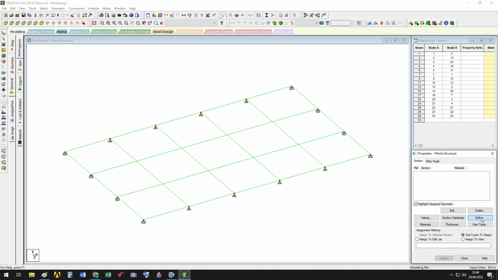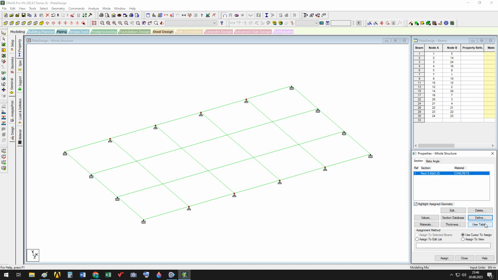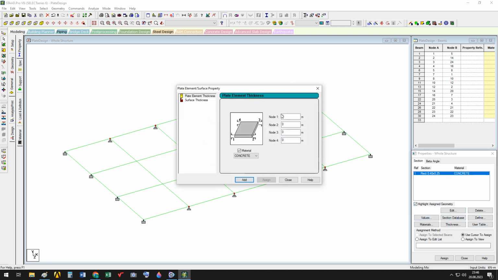And now define the beam. That's okay. Concrete. Okay. Click that one.